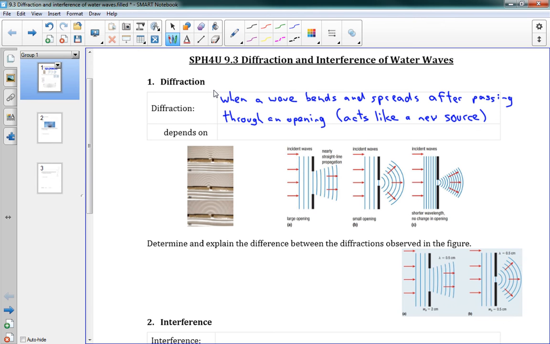Now the amount of diffraction that we have depends on the wavelength of the wave and the size of the opening.